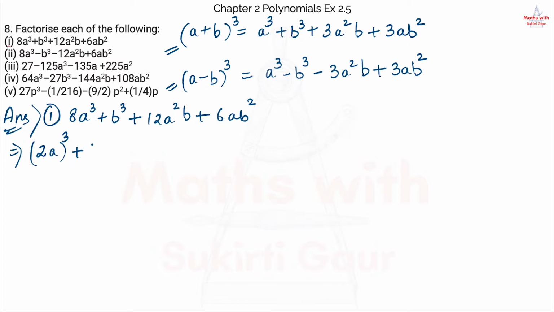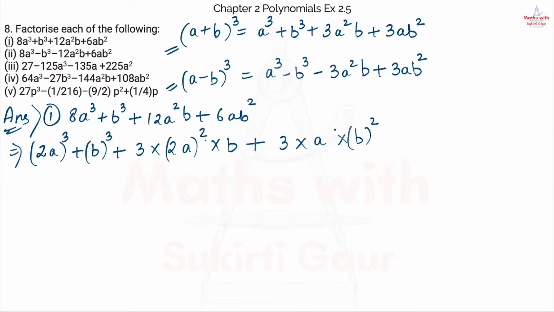Yes. b cube as b whole cube. This 12a square b as 3 into (2a) whole square into b, plus 3 into 2a into b square.